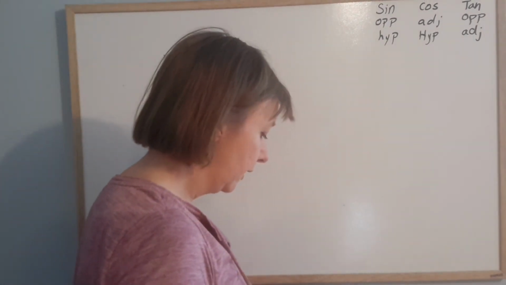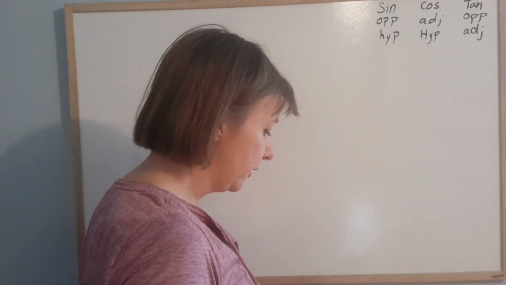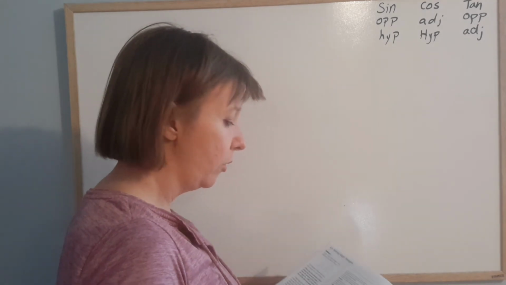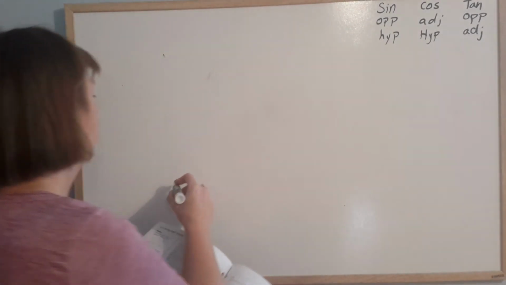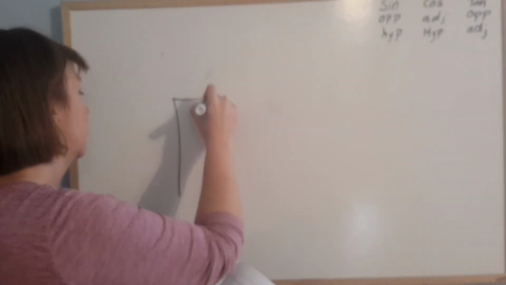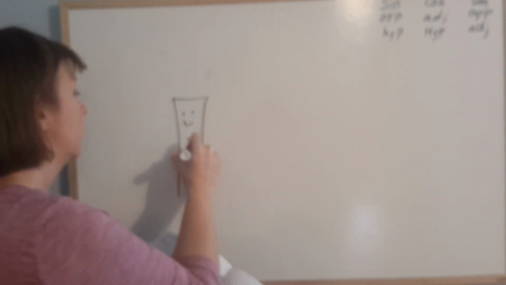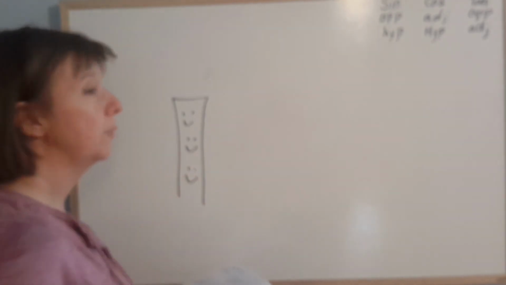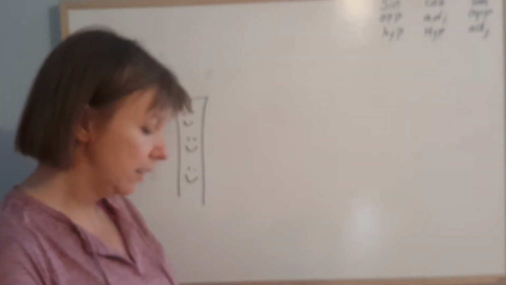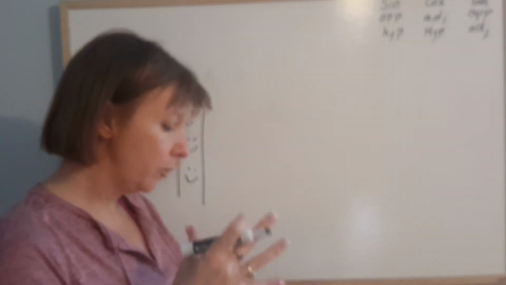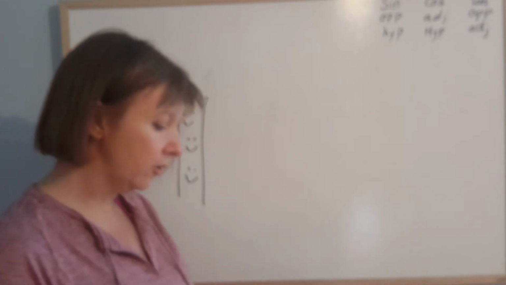Example number 3 says ropes are used to pull a totem pole upright. So we have a totem pole. We'll put little happy faces on the totem pole. There are ropes attached and anchored into the ground to hold the pole in place until they can fill the hole in and make it more secure.